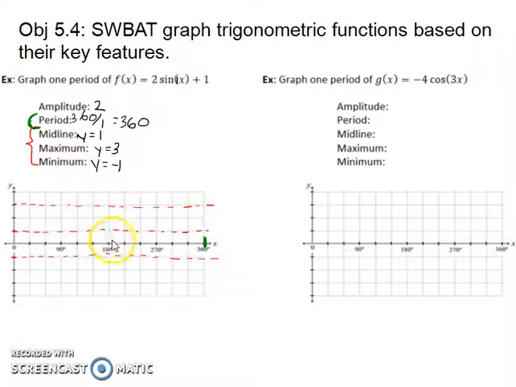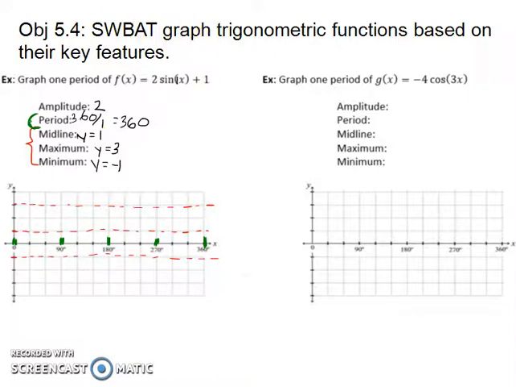And I always divide this into quarters. So the first cycle ends at 360. That means the middle of it is 180. That means the middle of the first half is 90, and the middle of the second half is 270. And it begins at 0. So you can see we've got 1, 2, 3, 4 quarters of this period.